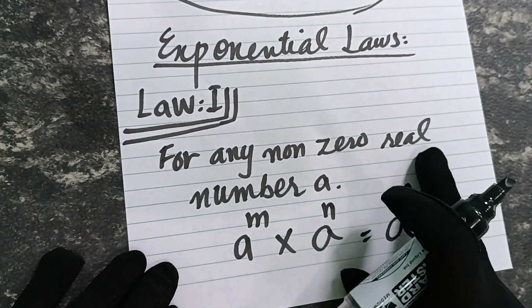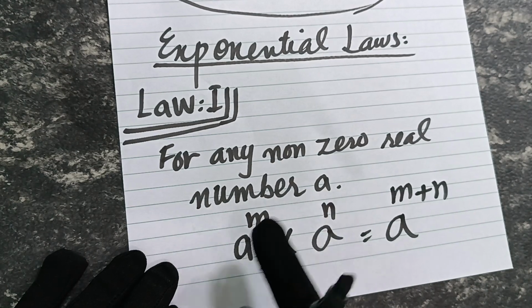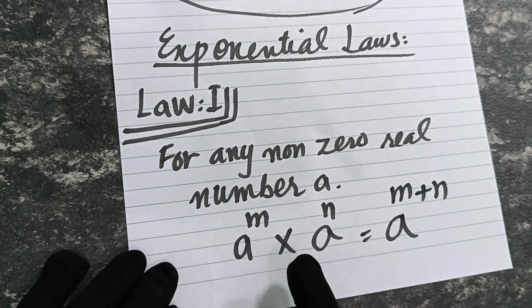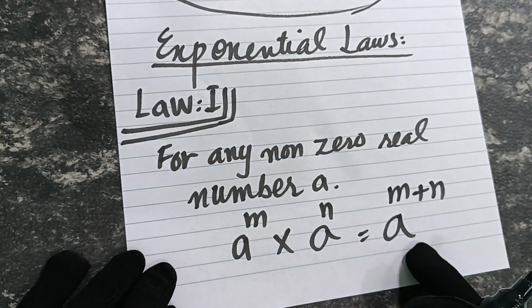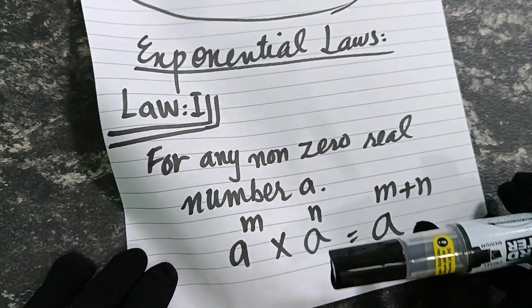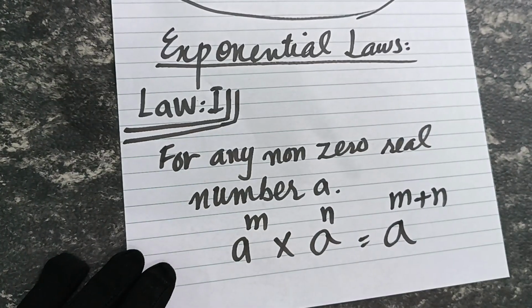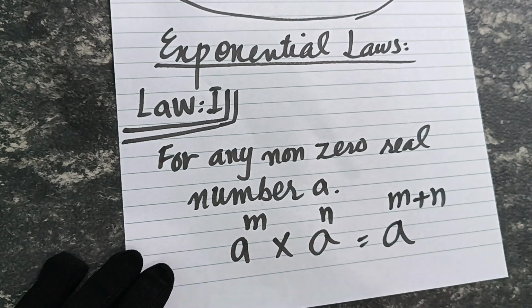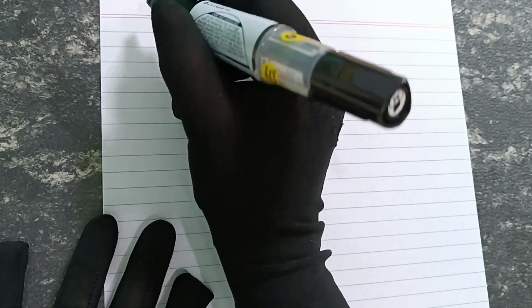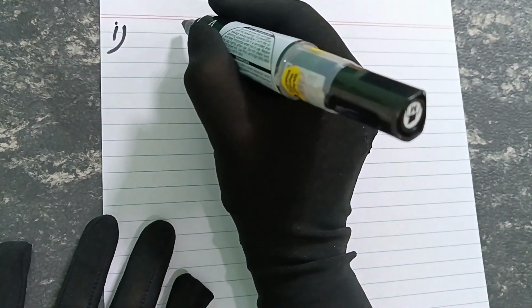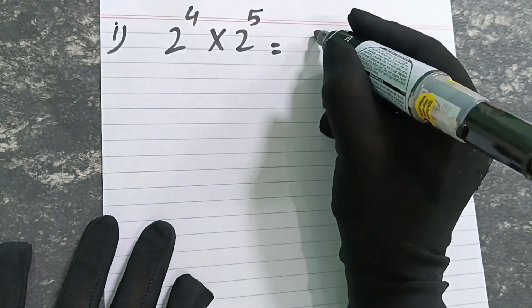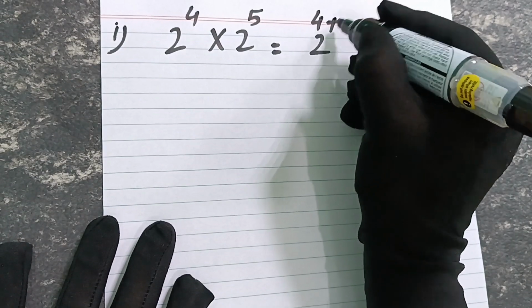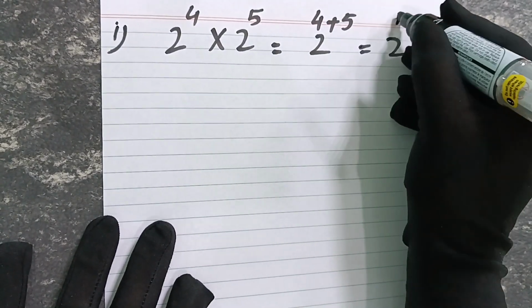Means for any non-zero real number a, which can be any number, a multiplied m times, multiplying again a n times, will be equal to the same base but the powers will be added up. I will apply it on different examples. Example number 1: if you are multiplying 2 power 4 by 2 power 5, the base is 2, it will remain the same and the powers will be added up, so it will become 2 power 9.